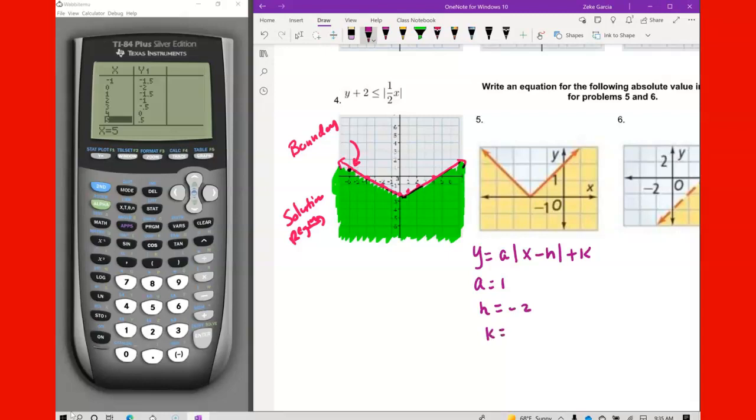And k is 0, right? So I'm going to have y equals absolute value x minus -2. And of course it's plus 0. So it's y equals absolute value x plus 2.